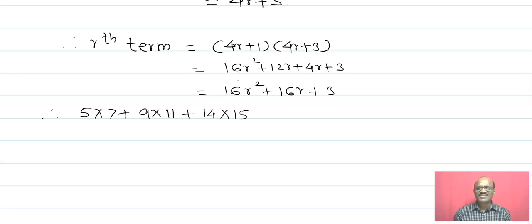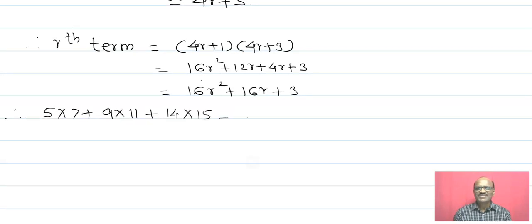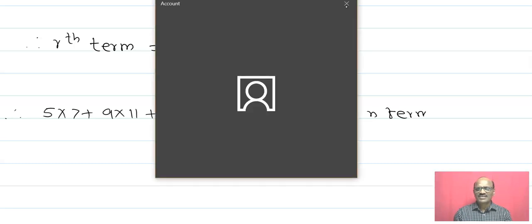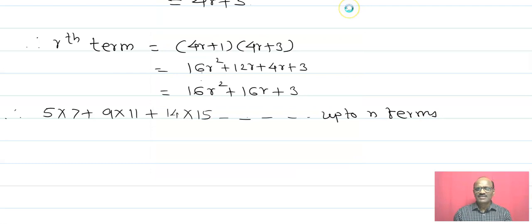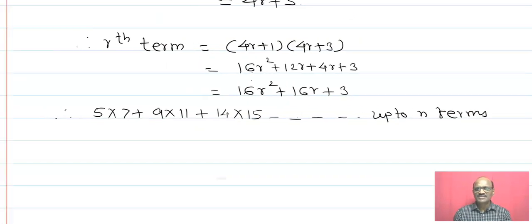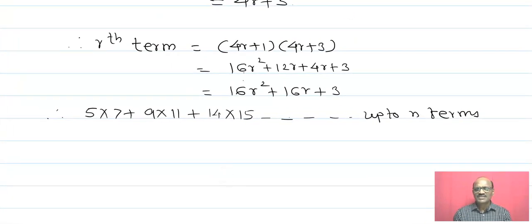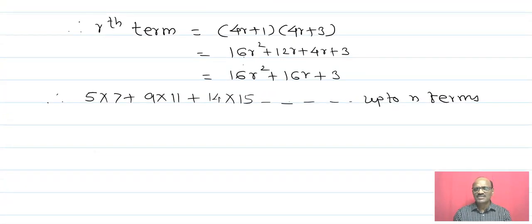I had made a mistake there, the difference is only 4. In place of 14, there must be the 13. Therefore, up to the n terms, in place of 14 there must be the 13.